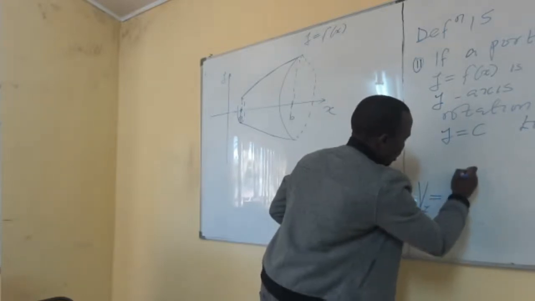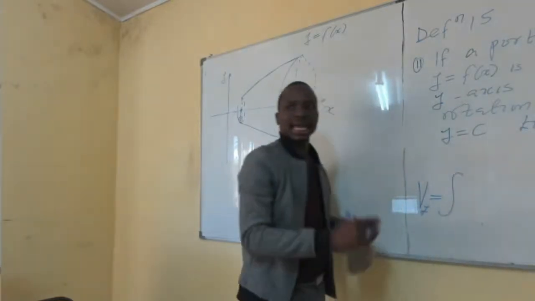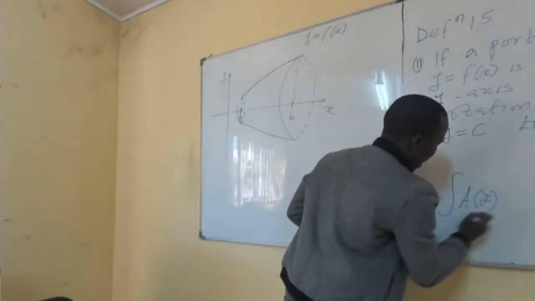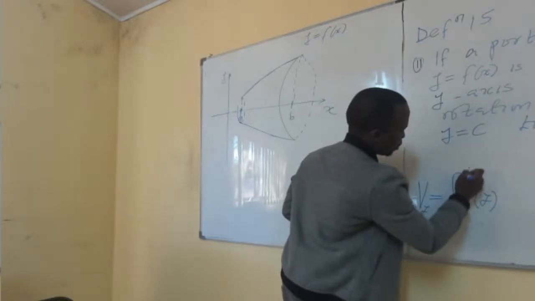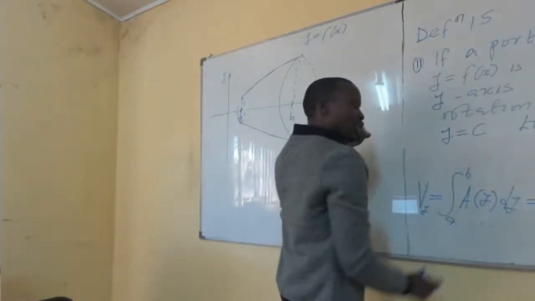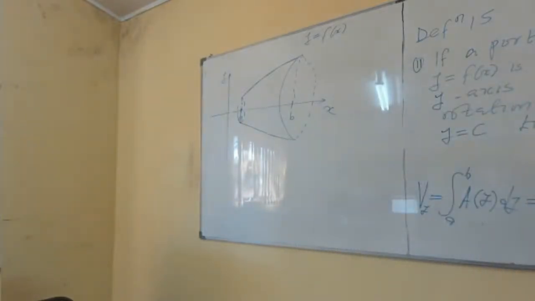This is equal to the integral of the cross-section area with respect to y from a to b of dy. Now, our cross-section area in this scenario becomes the integral from a to b of pi times f of y squared dy.